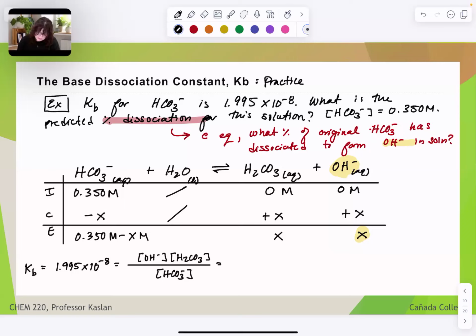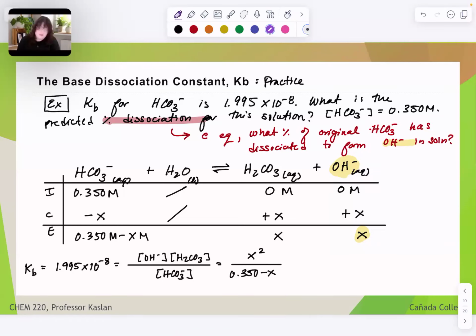All of these are our equilibrium concentrations. So I've got X times X, or X squared, in the numerator over our equilibrium concentration, which is 0.350 minus X molar, in the denominator.